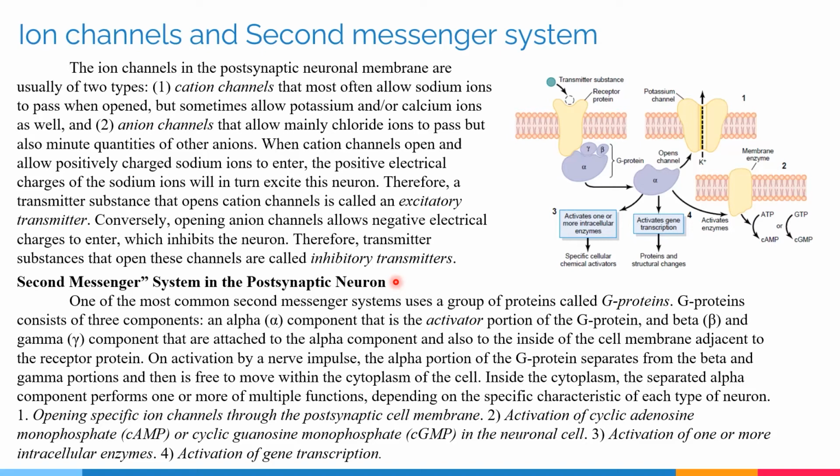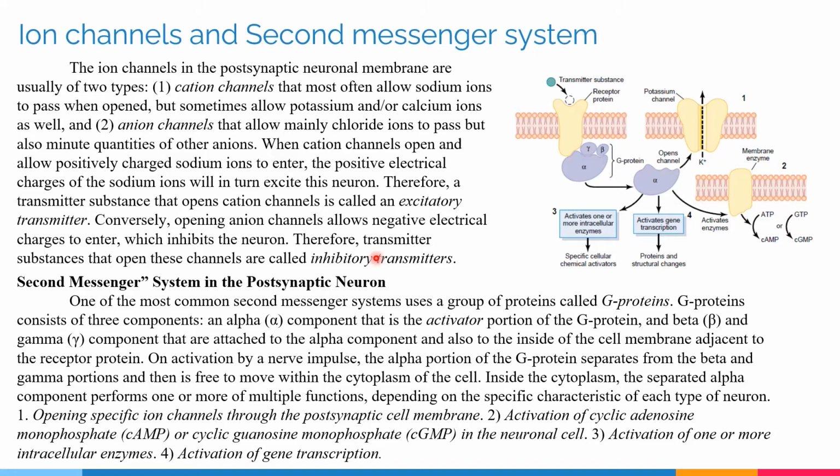Next, we look into the second messenger system in the postsynaptic neuron. Many functions of the nervous system, for instance the process of memory, require prolonged changes in neurons, from seconds to months after the initial transmitter substance is released.